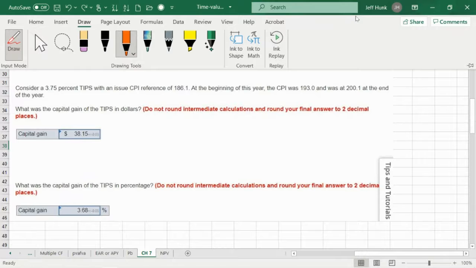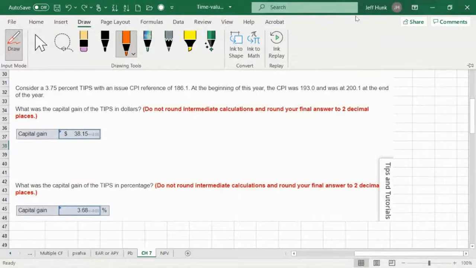Because it's the producer price, which is the raw material. The third one is the GDP deflator, which is nominal GDP divided by real GDP. But think about it, it's like chicken or egg. Which one is first? To find real GDP, you have to know some kind of GDP deflator.